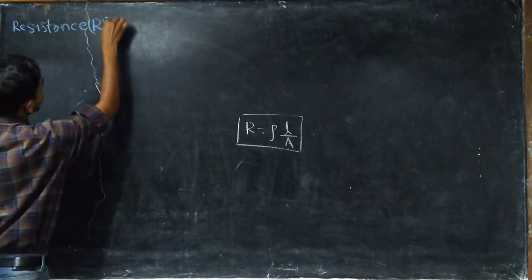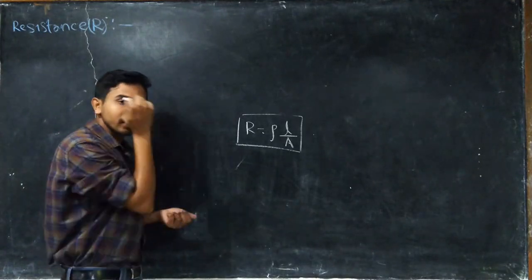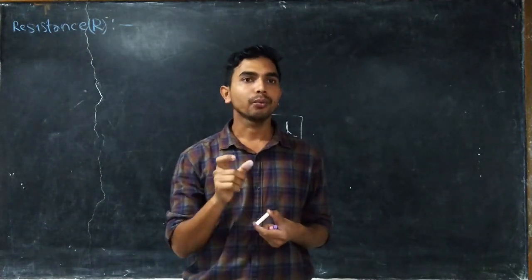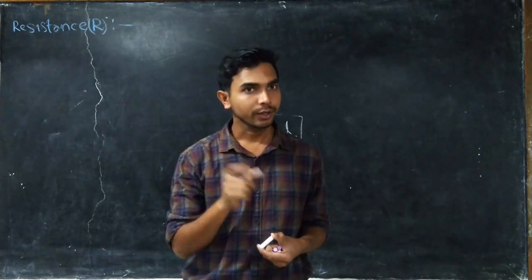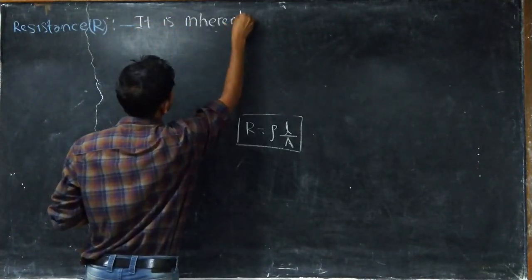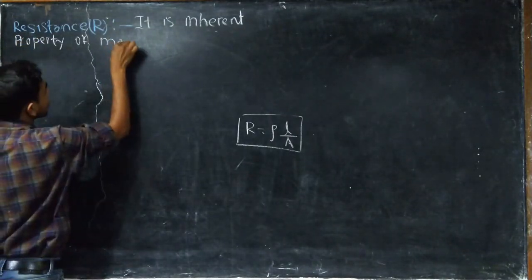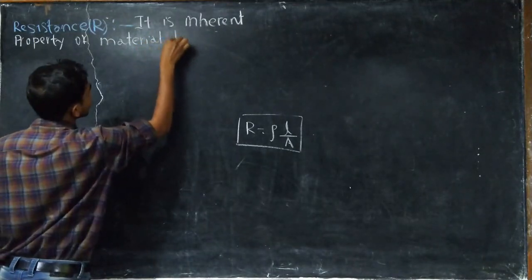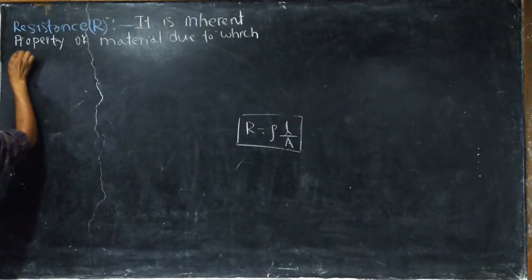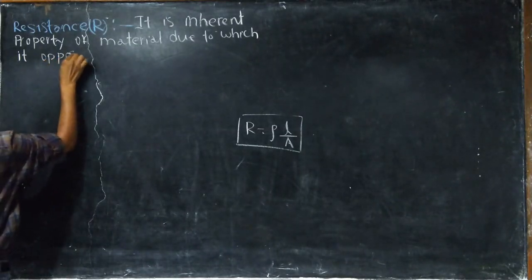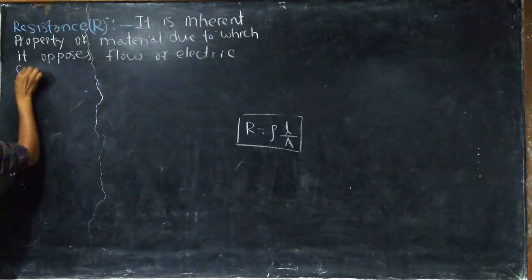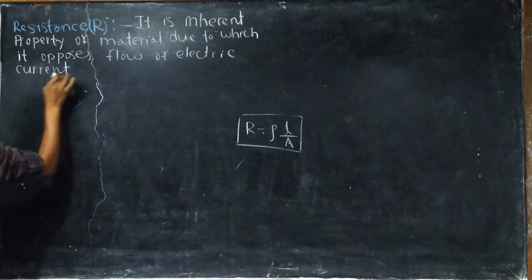Resistance is represented by R. It is an inherent property of material due to which it opposes the flow of electric current.